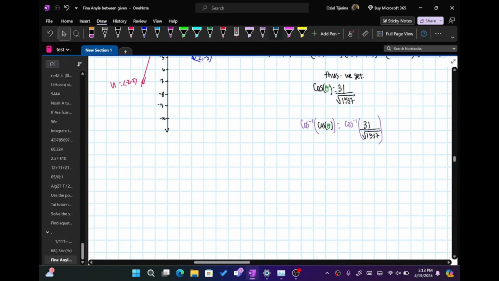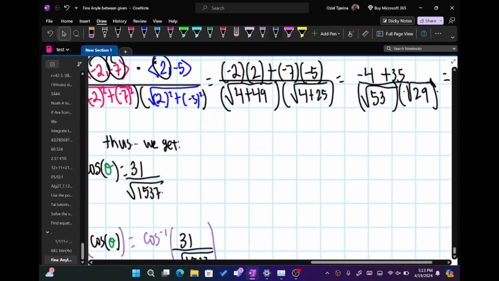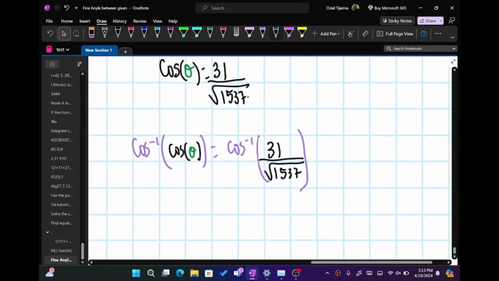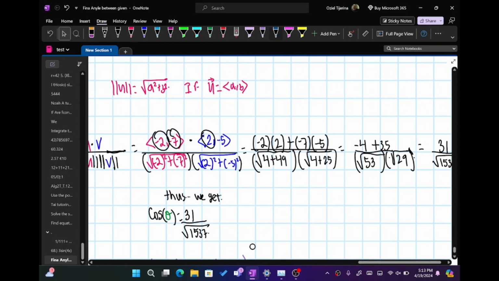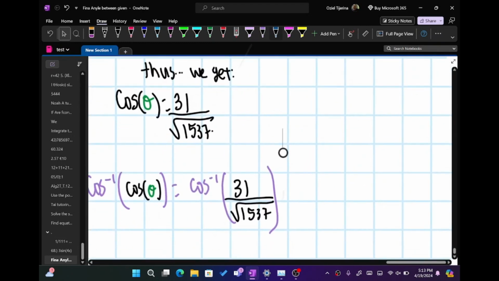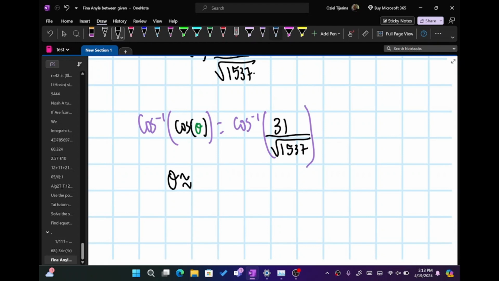And so therefore we know that the angle theta in positive degrees, guys, because we need it to be in positive degrees, is going to be approximately 37.7 degrees.